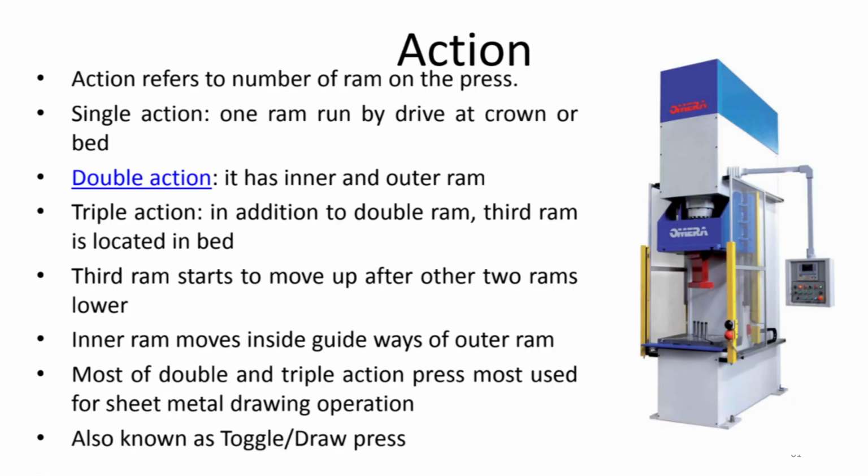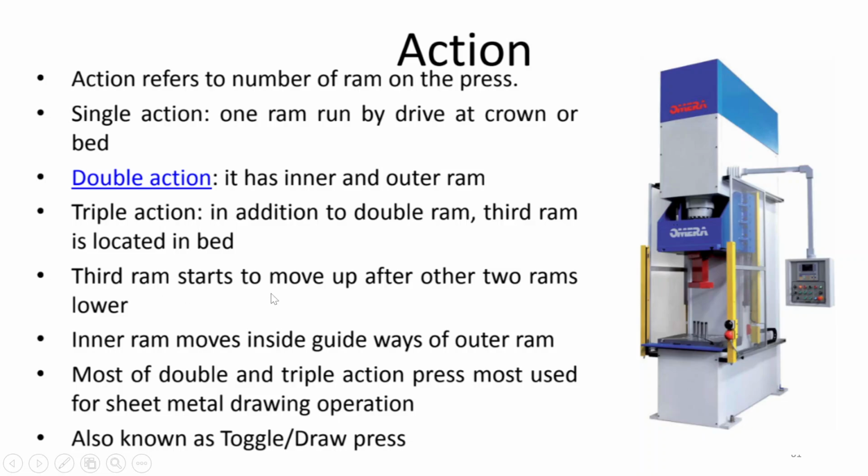Now based on action. Action refers to the number of rams on the press. In single action, there will be one ram which is run by a drive at the crown or bed. In case of double action, it has inner and outer rams. In case of triple action, in addition to the double ram, there is a third ram located at the bed.